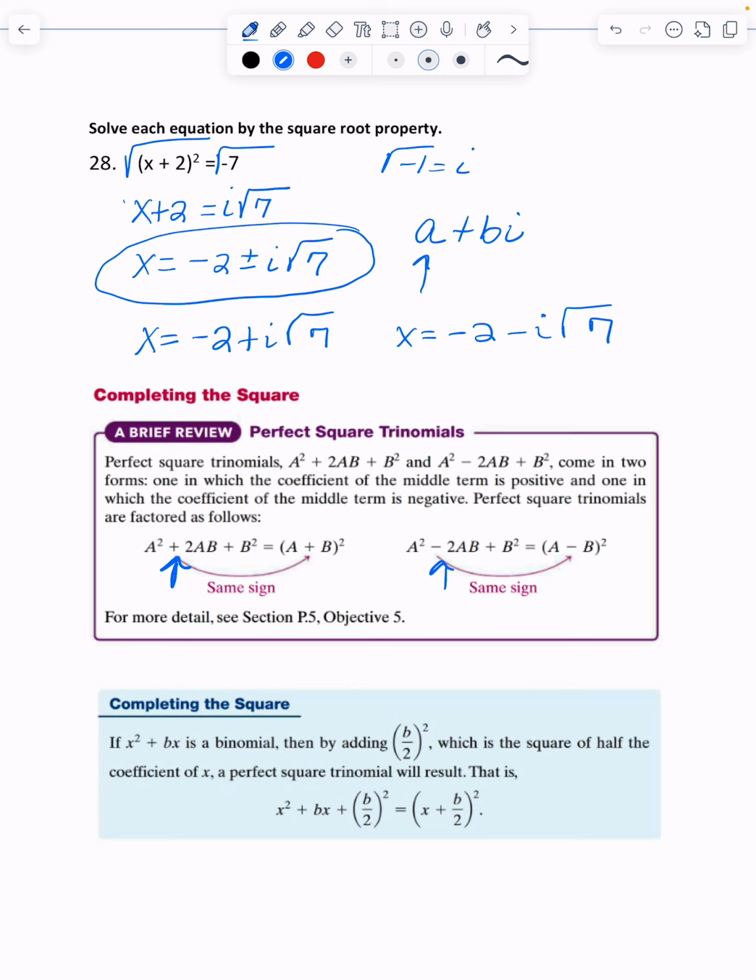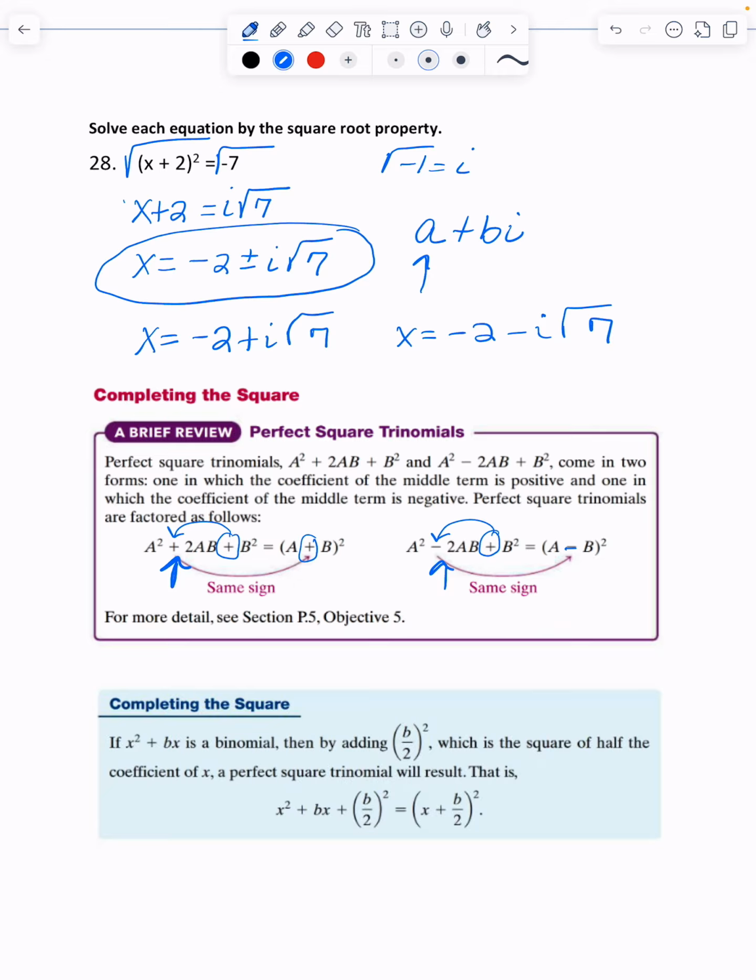So if you'll recall when we were talking about factoring, if the third term is positive, we look to the left, and they're both going to be whatever that sign is. Same thing here. Third term is positive, I look to the left. If that left term is negative, then my sign is going to be negative here.